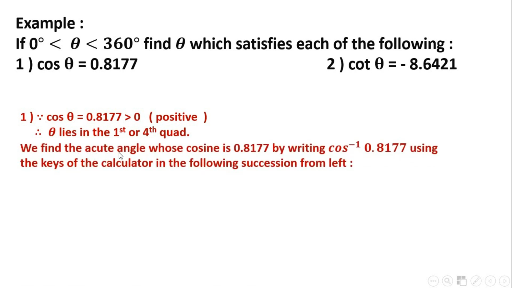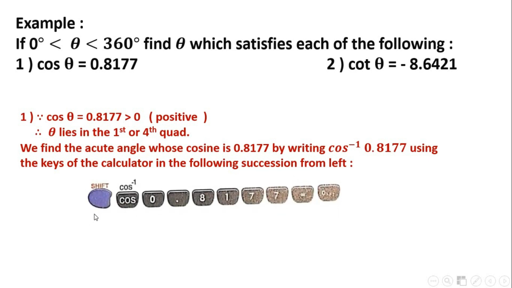We find the acute angle whose cosine is 0.8177 by writing cosine minus 1 of 0.8177, using the keys of the calculator: you press shift, then cosine minus 1, 0.8177, equals. Then cosine minus 1 of 0.8177 equals 35 degrees, 8 minutes, 41 seconds.